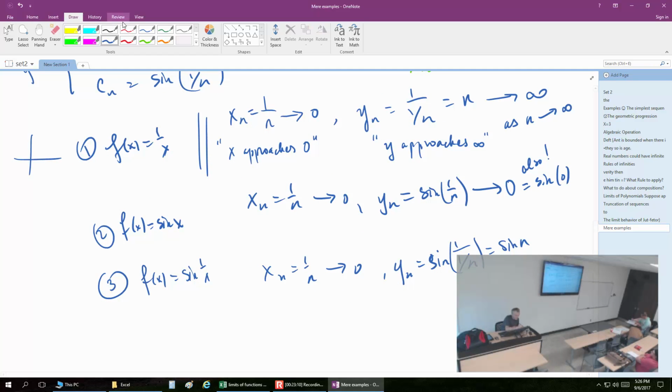So let me just plot these graphs here. Sine n goes to infinity. What's the limit? Does not exist. Right. Does not exist because sine oscillates.